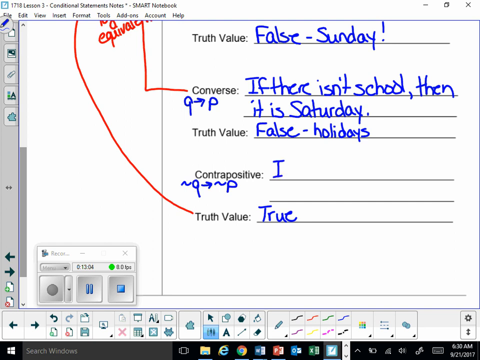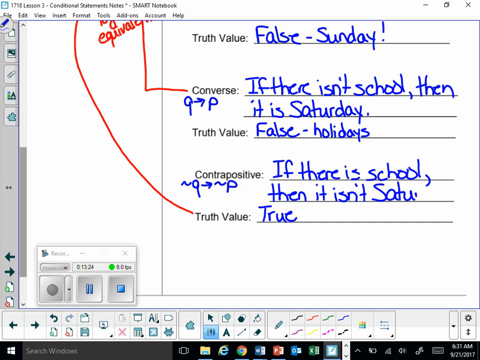If there is school, then it isn't Saturday. True. We don't go to school on Saturdays, Monday through Friday. Get a day off.